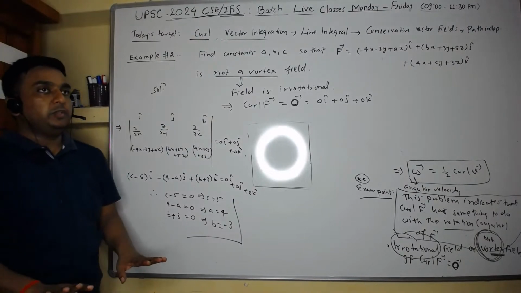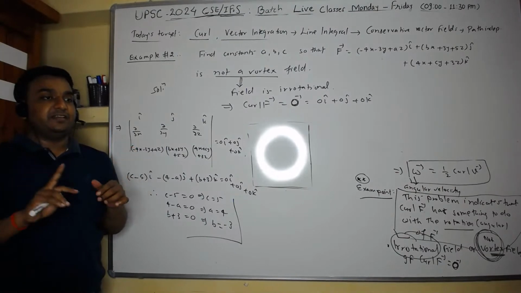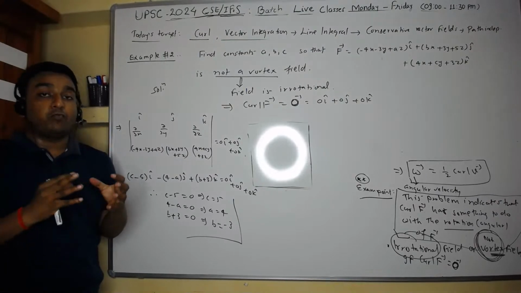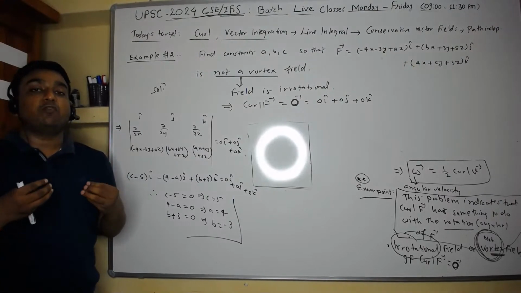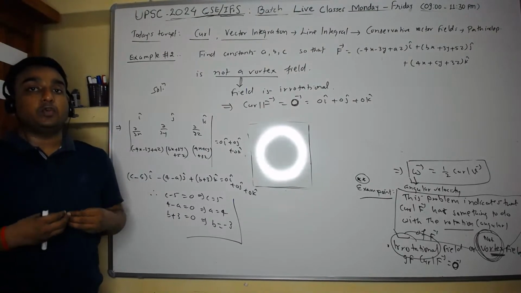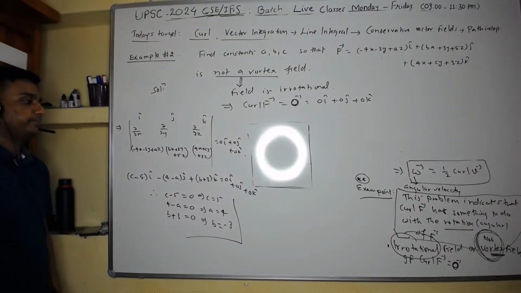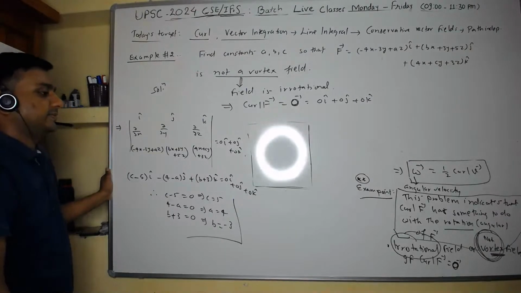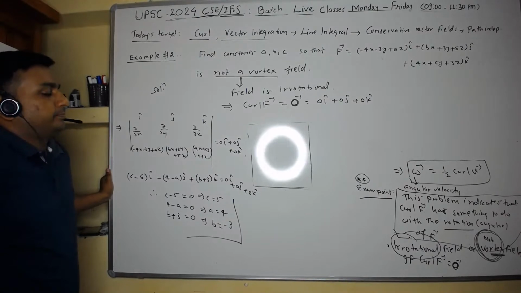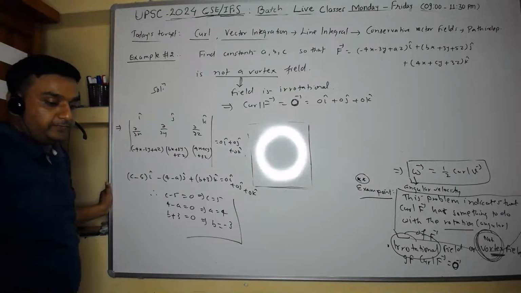I guess curl you people will have the clear cut image in your mind, right? Curl means if positive or negative, some non-zero curl is there, that means vorticity is there, that field is vortex. If curl is 0, that means that field is not vortex, means no vorticity, means curl f is 0, that is irrotational. Is that noted, everyone?